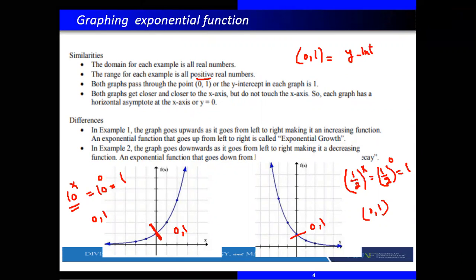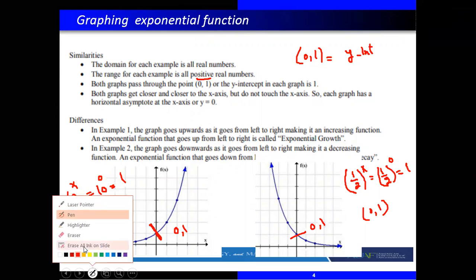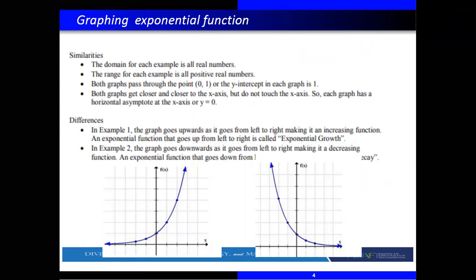a power x, or 1 over 2 power x, or 2 power x, or 10 power x. Shifting is also possible. If you are given a function like y equal to b power x and you want to shift the graph, if you add plus 2, then the graph will start from 3, because b power x is 1, plus 2 means 3.